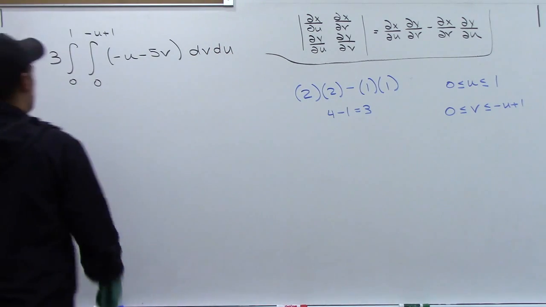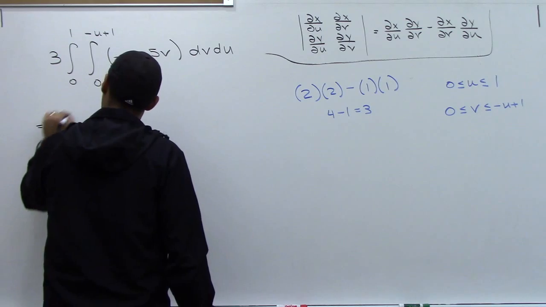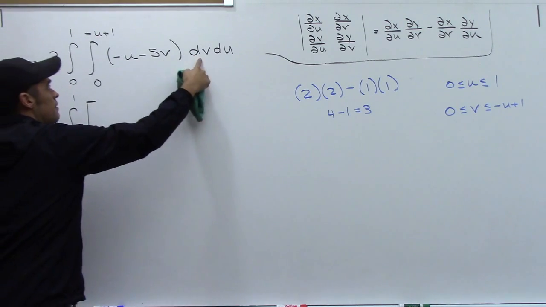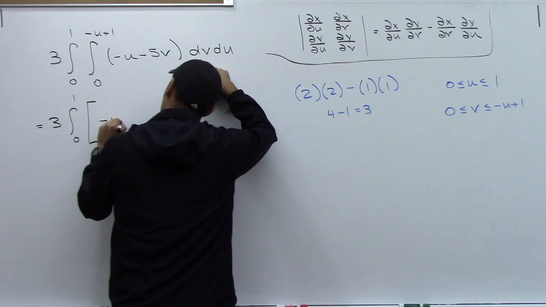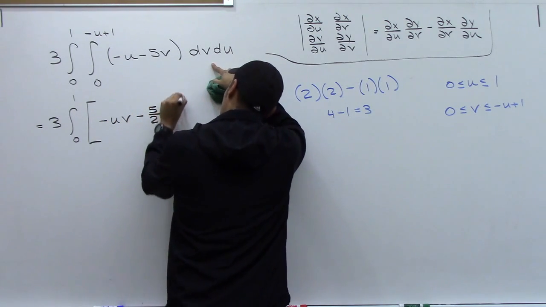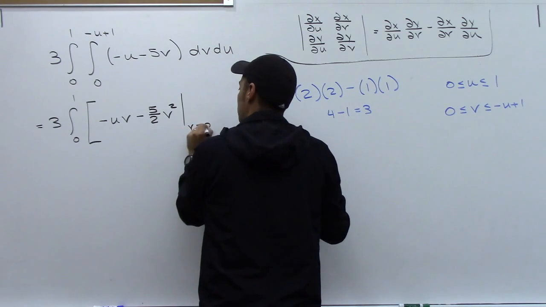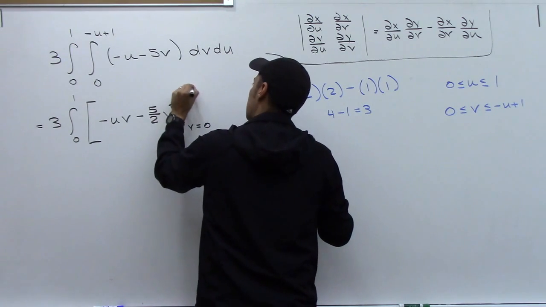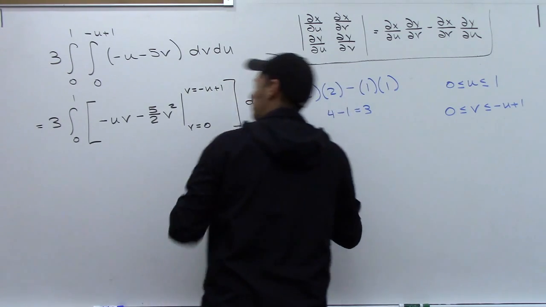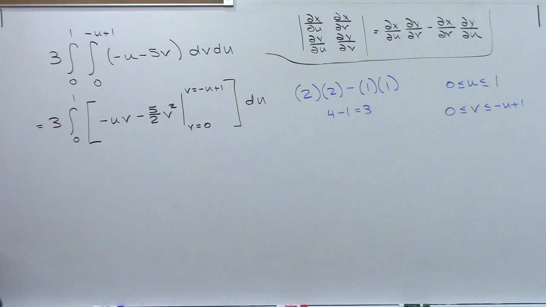Okay, let's find the antiderivative. So I have 3 integral 0 to 1. Antiderivative of this with respect to v is negative uv minus 5 halves v squared, evaluated from v equals 0 to v equals negative u plus 1, du. And now I just replace.